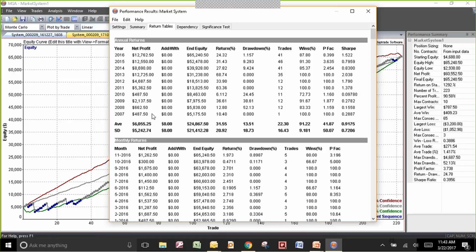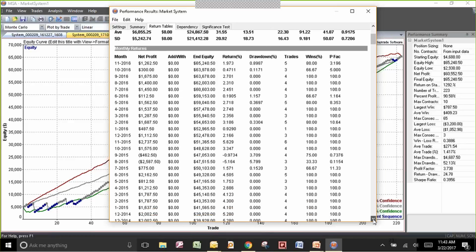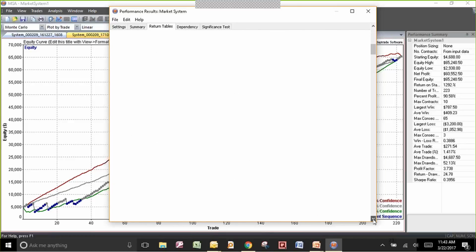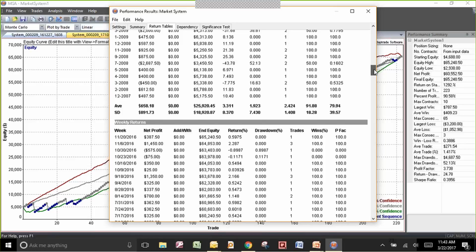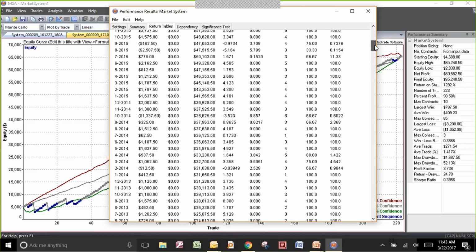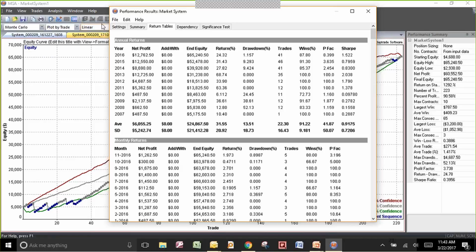A lot of the backtesting products don't necessarily show you this by year. So this has it by year, has it by month, and then further down he has it by day and week. So it's really a nice product.